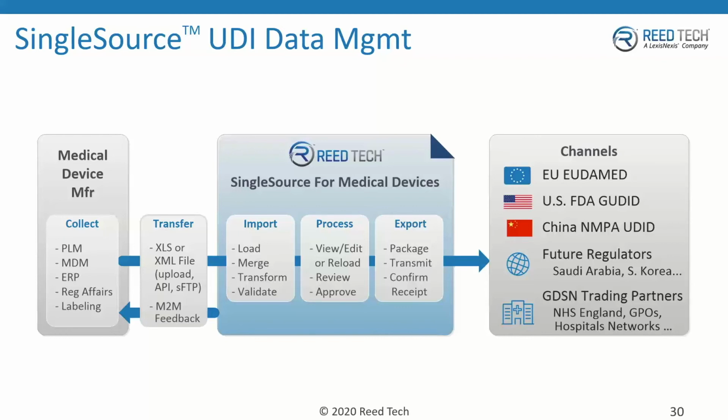And within the application, we're able to load, merge, aggregate that information, validate it according to the particular health authority channel business rules, and then further manage the submission process to those health authority databases.